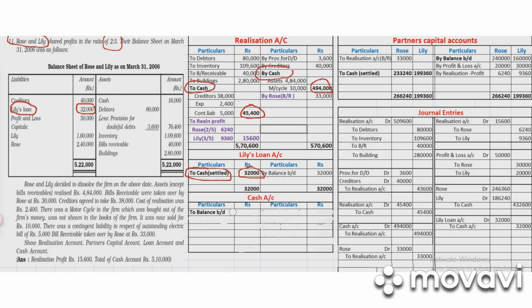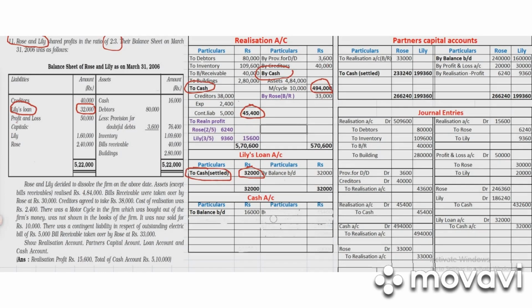So simply write to balance brought down 16,000. After writing the opening balance, we take out all those cash entries from realization account, capital accounts and loan accounts and put them on just the opposite side.